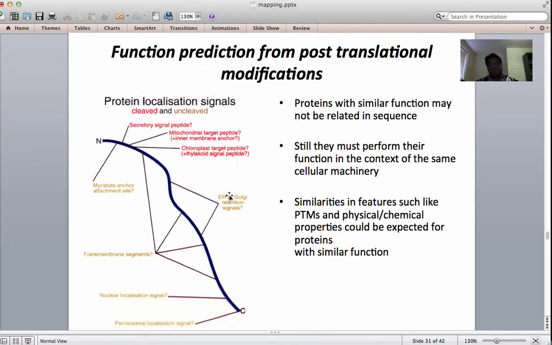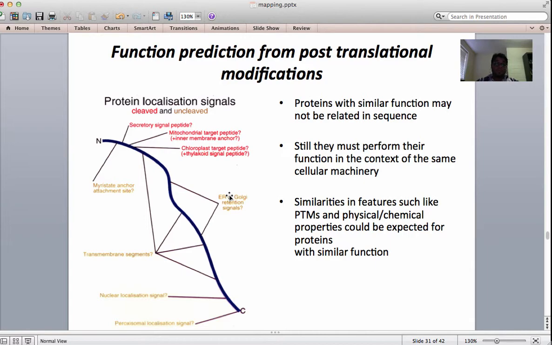So apart from using domains and sequence similarity, there are other methods, like protein post-translational modifications. Proteins get modified after translation: a myristoyl site is added, an acetyl site is added, or a secretory signal peptide is added to it.